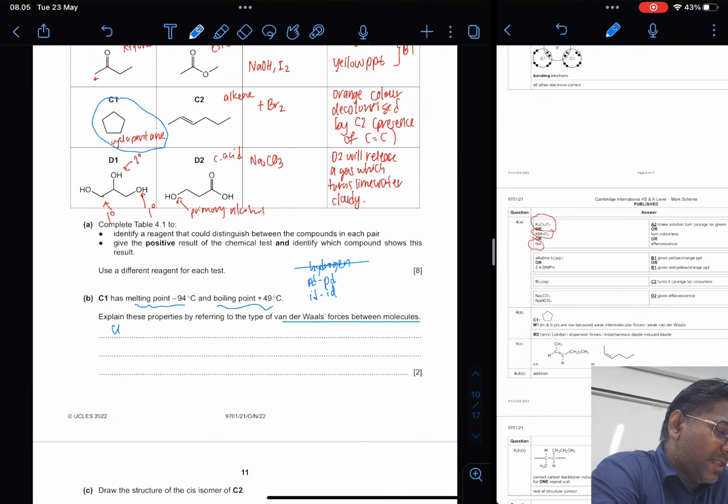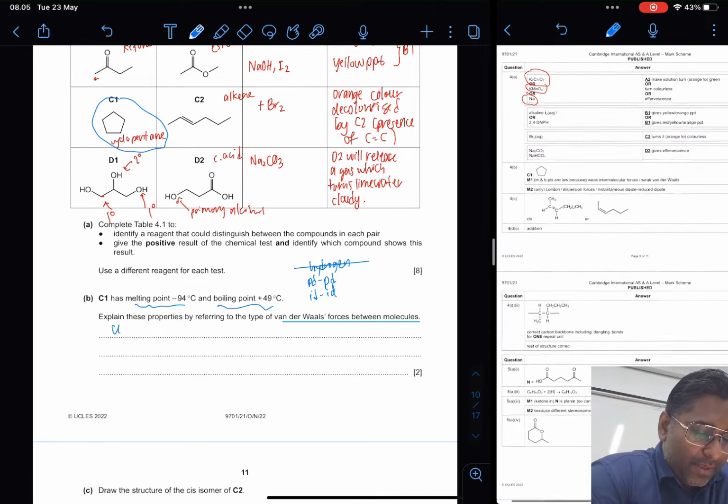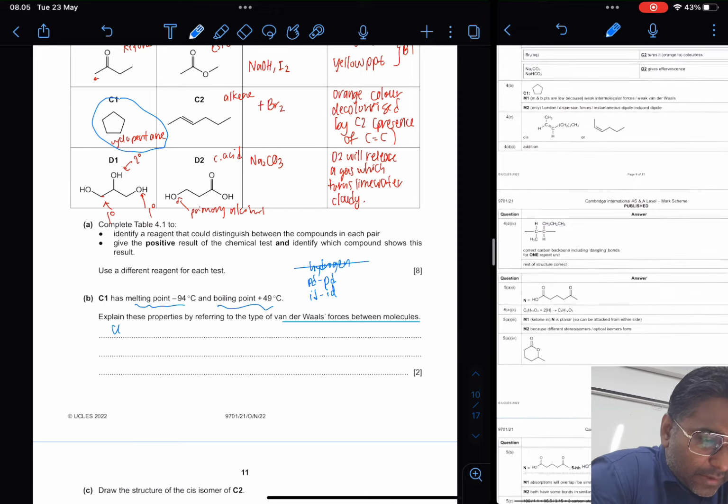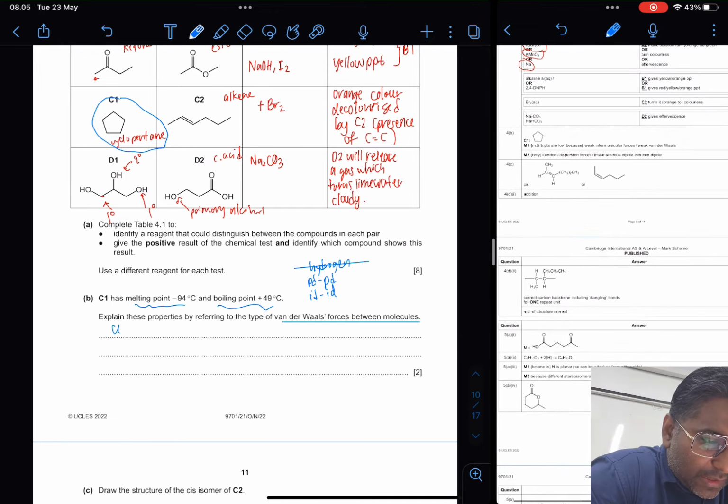Why? We just have to mention the ID. Let's look at the marking key. Even here they say C1 has a low boiling point and melting point because of weak van der Waals forces.